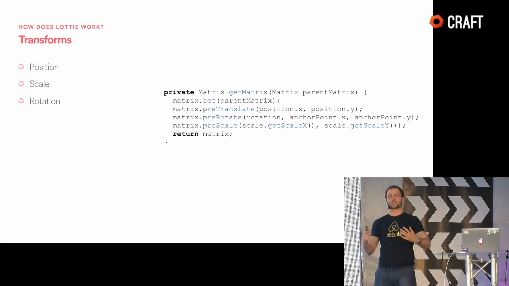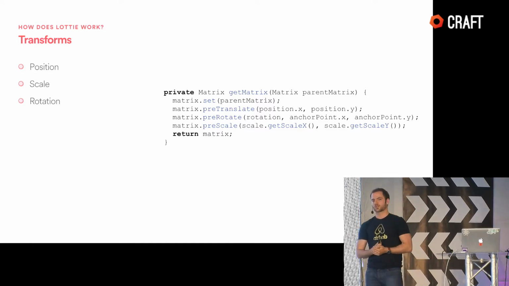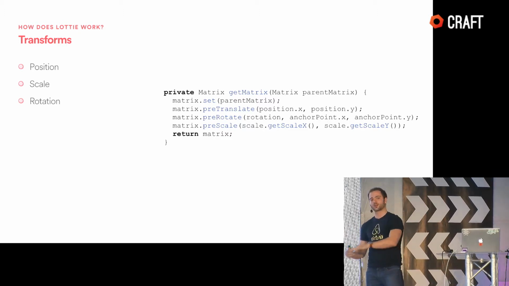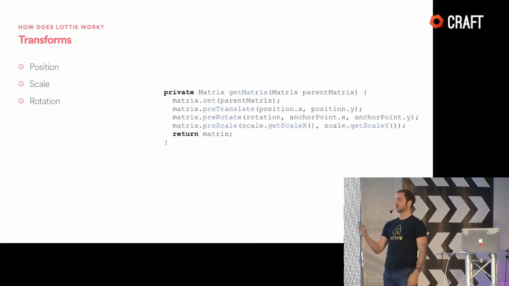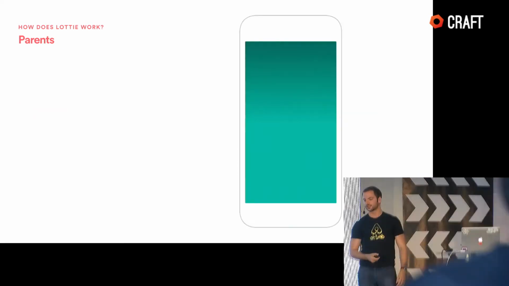But what would happen is when you turn on hardware acceleration, even though you're using vector graphics software, you would actually see lots of pixelation, and it would be very, very bad in certain cases. So now, Lottie actually takes this transformation matrix, and it continues to pass it all the way through from the first root all the way to the last child, concats the matrix along the way, and then only applies it directly to the shape that it draws to the screen at the end. So no more scaling problems.